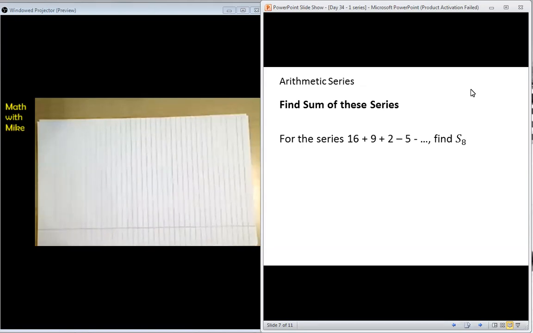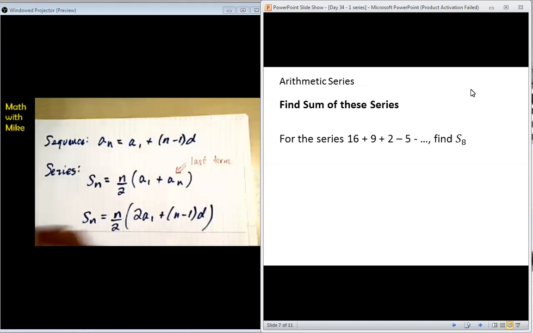Okay, well, I think we're going to have the same struggle. That is, we got to decide which formula we're going to use. So, what do you think? What values do we have for this particular question? Do we have A1 there?